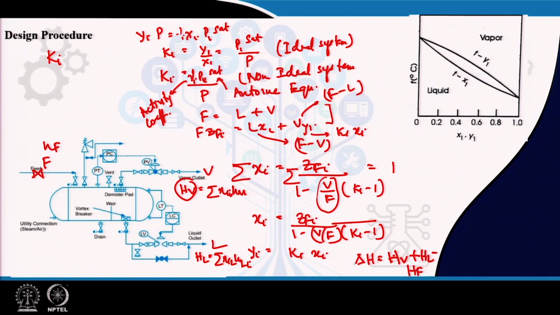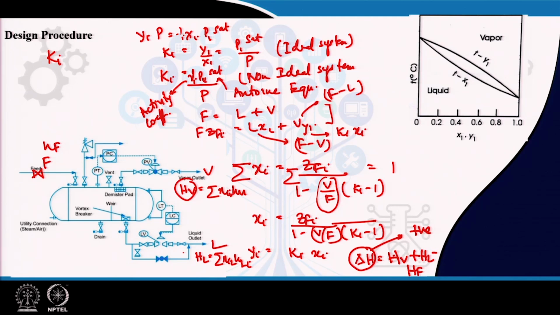Quite naturally, if this delta H is positive, then we have to reduce the flash temperature, and then we have to repeat the calculations which I have mentioned, right, starting from assuming the T flash and finding out Pi saturated. From there we have to start and continue this, right.